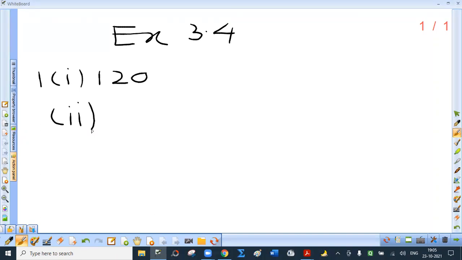Second, there are 9 letters in the word Shantaram, which include A thrice, capital A, and the rest are all different.